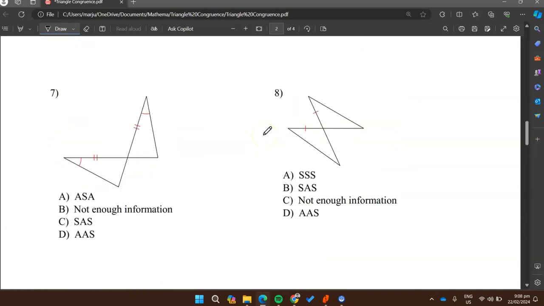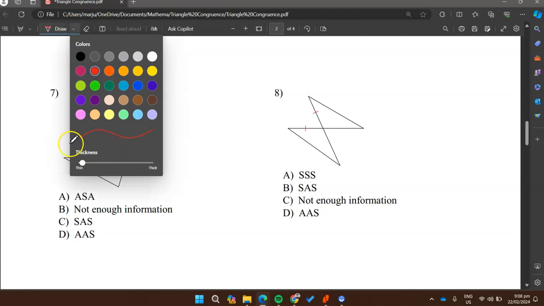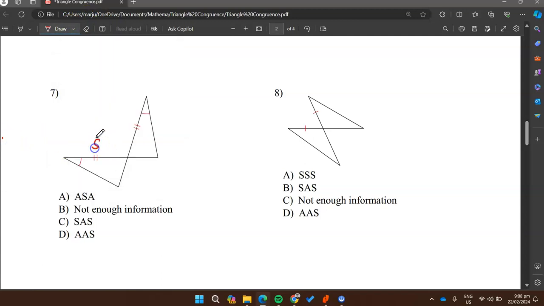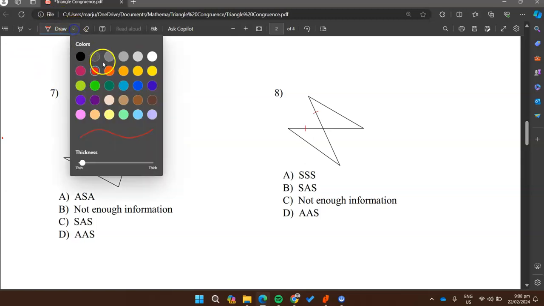So number 7. This is congruent to this. And what else? This angle is congruent to this angle. And we have here vertical angles.